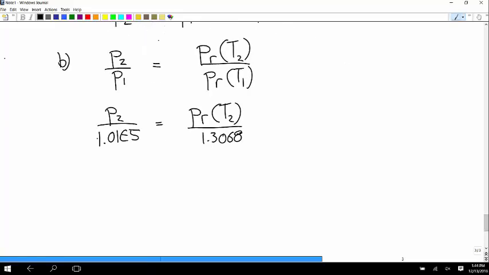Now, since the ideal gas table is given in terms of temperatures, it'd be nice if we could express P2 in terms of temperatures, and we can because of the ideal gas law.